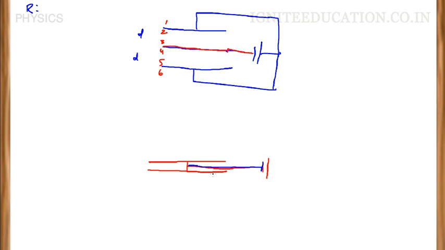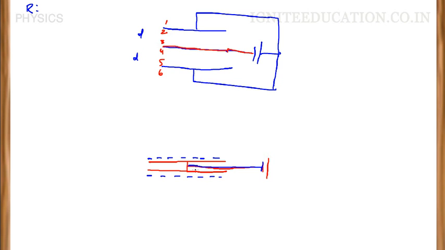There is no change if I draw like this also, because anyway the 3 and 4 ends have negative charges by connecting with the negative end of the battery. I am just separating the faces, that's all.